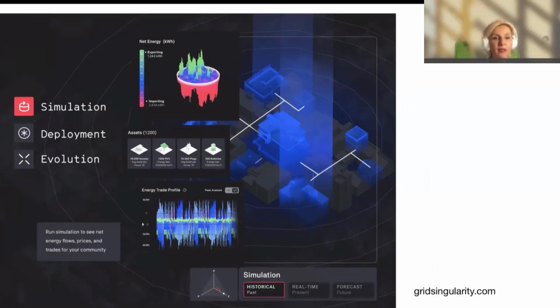So when you simulate, in the results page you can see the net energy flows, you can see prices, you can see trades, and you really are a real energy trader that has the same options as an advanced wholesale energy trader today.